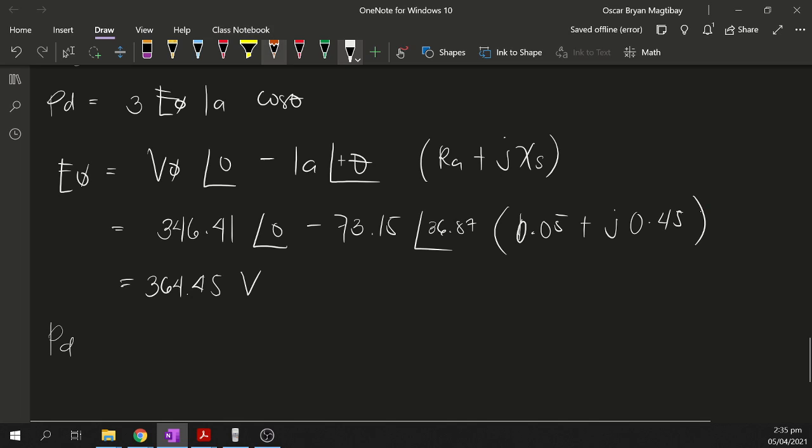Sorry. This is not the cosine theta I need. Babaguhin natin to. PD is equal to E phase IA cosine. Wait lang po. May kailangan pa pala tayong kuhanin dito.